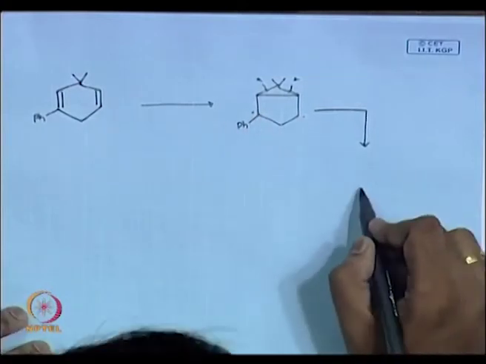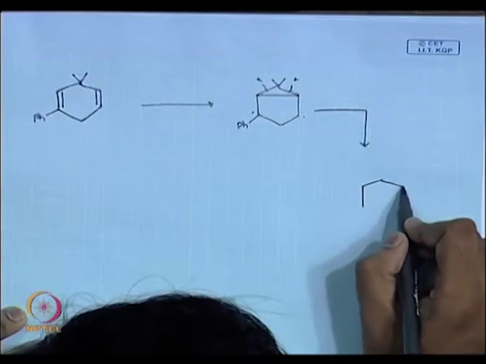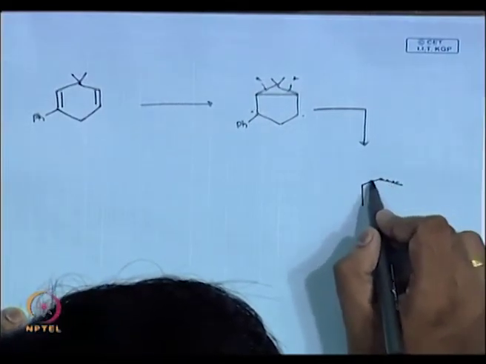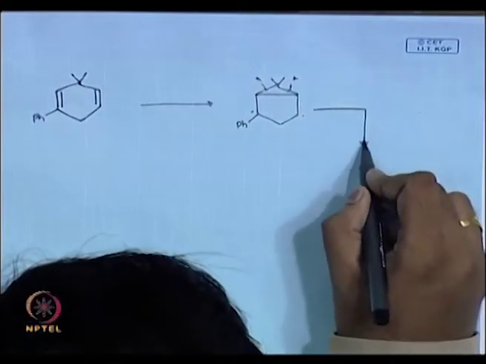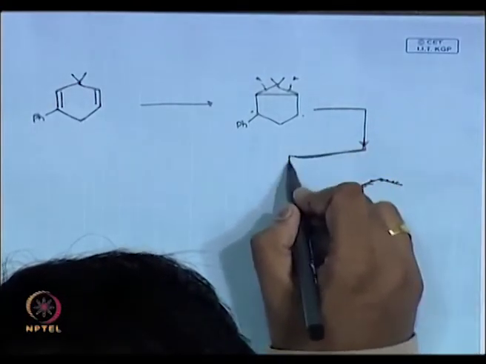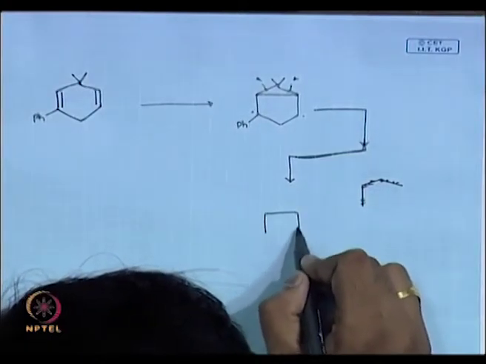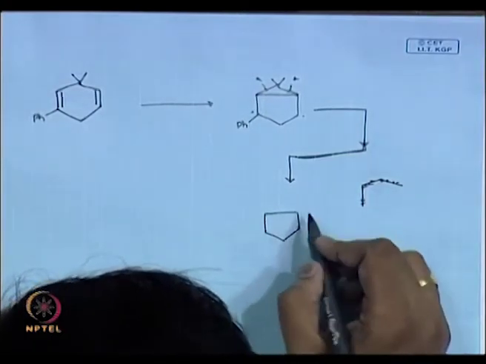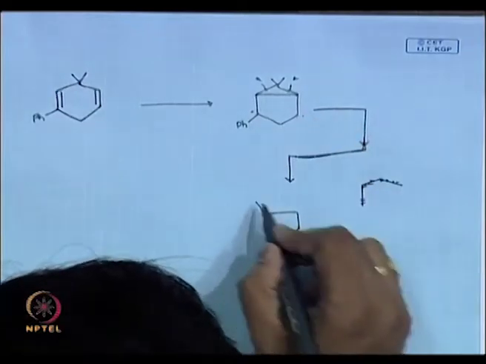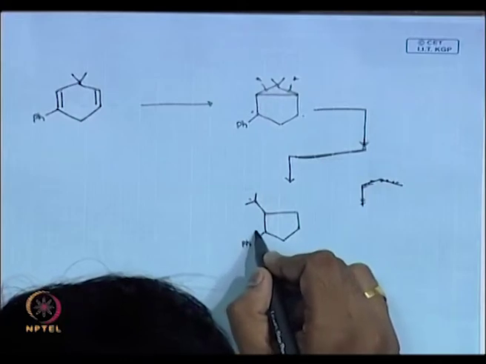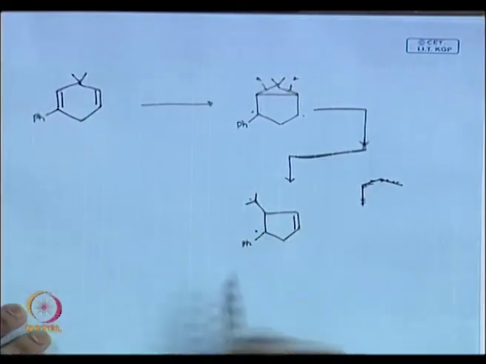If I cleave B, so this radical will be stable.